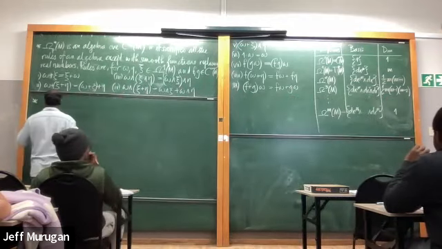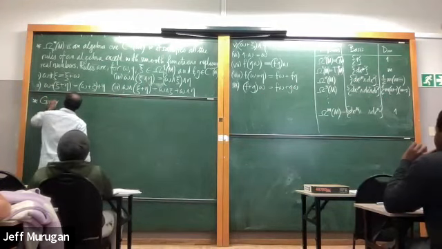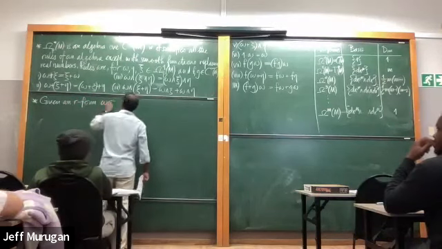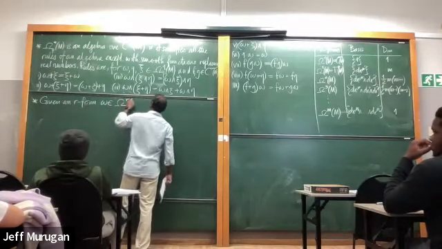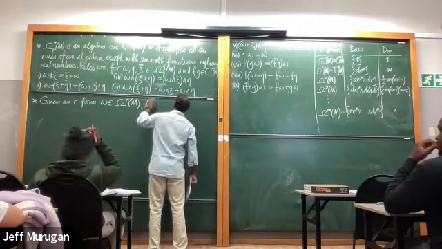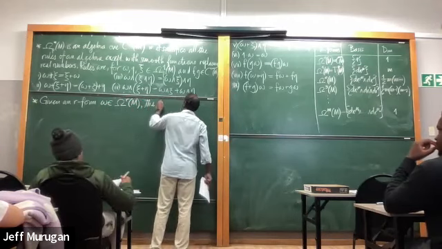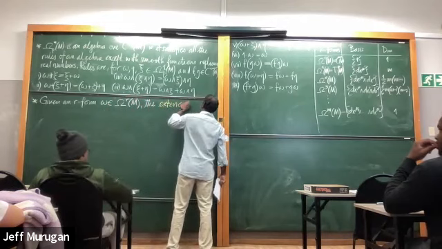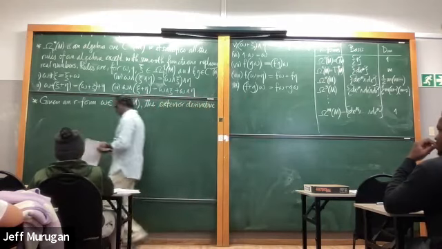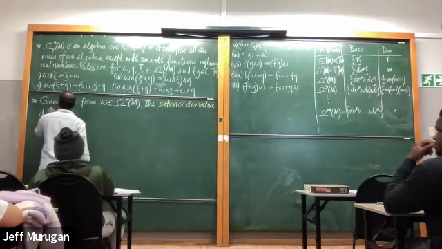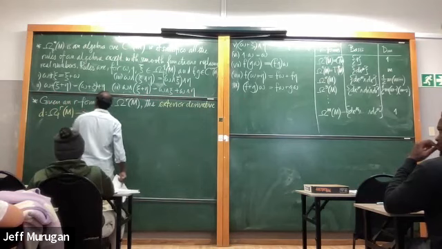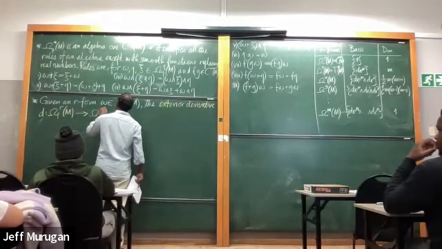So given an r-form omega, you find the exterior derivative d, a map from r-forms to (r+1)-forms.